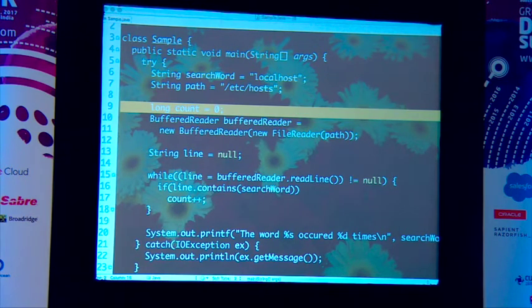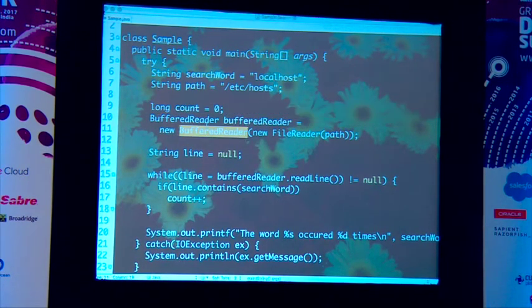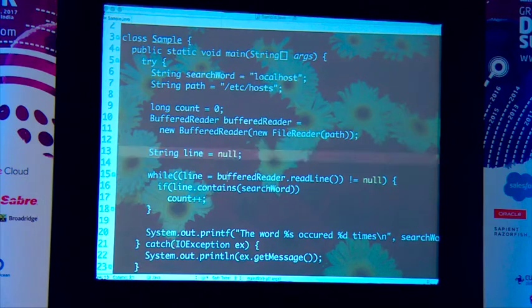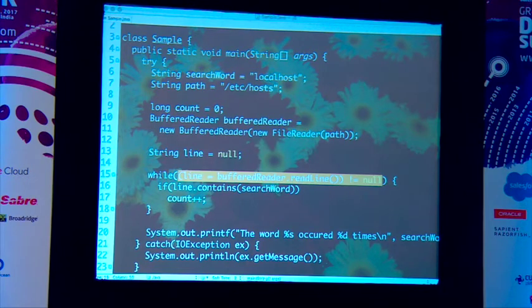Long count equal to 0. BufferedReader, new BufferedReader, new FileReader. Then String line equals null. bufferedReader.readLine. If set it to null. If that is not equal to null.